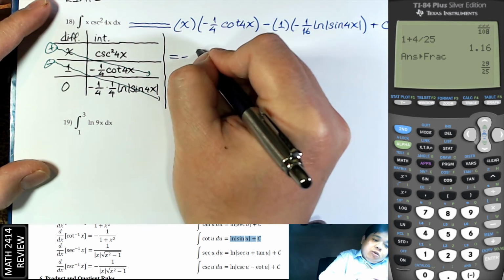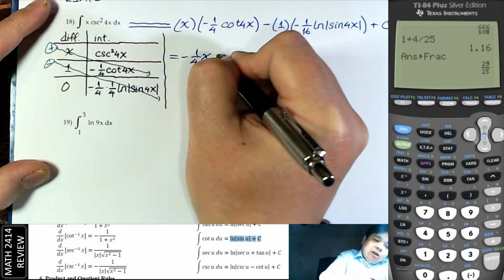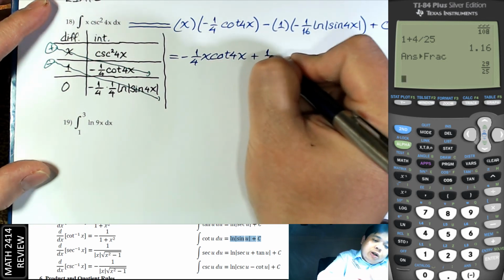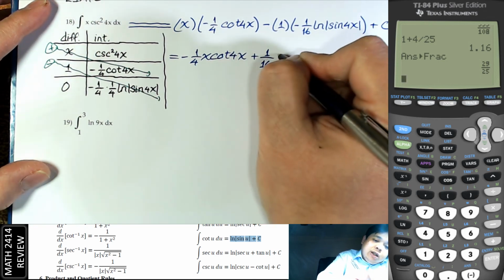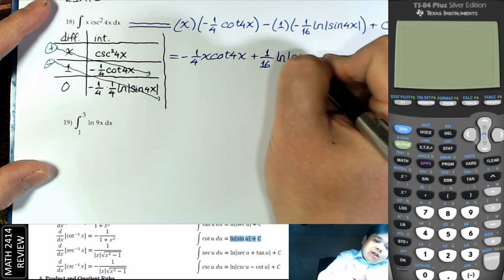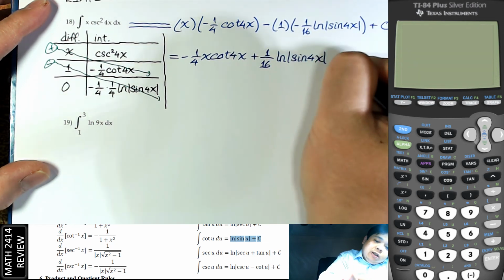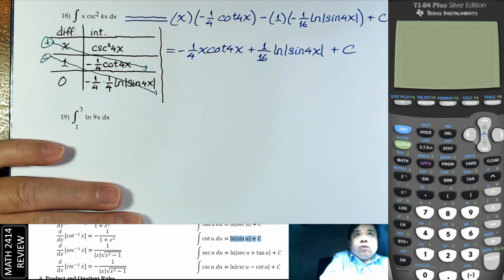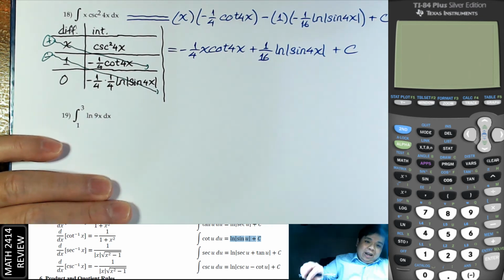So that gives us 1/4 x cotangent of 4x plus 1/16 ln sine of 4x plus c. Right. So that's all we have for that one.